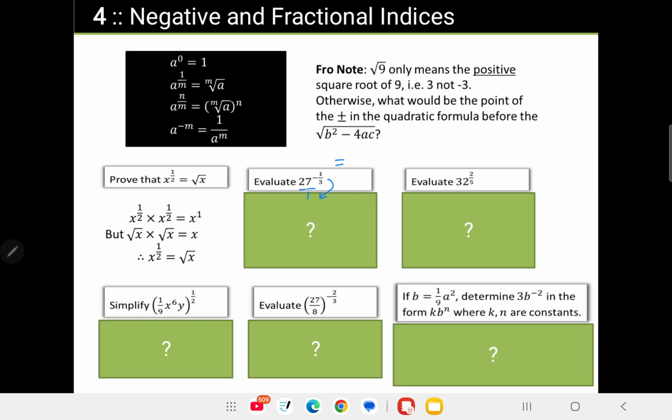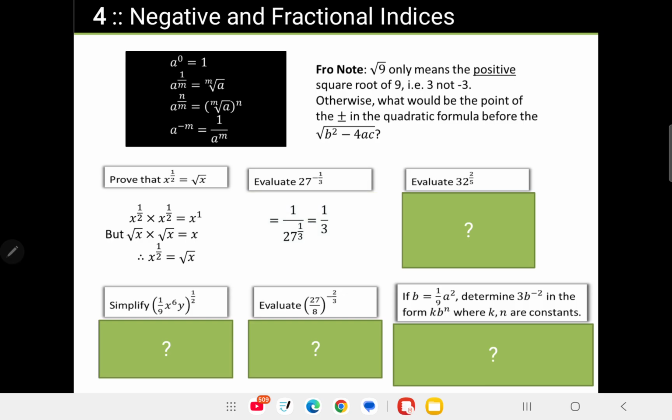And if you take this number to the denominator, the negative power turns into positive power, so it will be 1 over 27 power 1 over 3. So it's actually the cube root of 27, and 27 can be written as 3 times 3 times 3, because 3 times 3 is 9 and 9 times 3 is 27, so it's 3 power 3. If you replace your 27 with 3 power 3, and you have the whole power 1 over 3 on it, the 3 and 1 over 3 cancel out, and you're left with 1 over 3. So the answer should be 1 over 3 in this case.